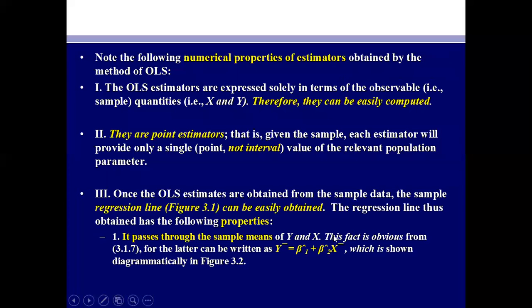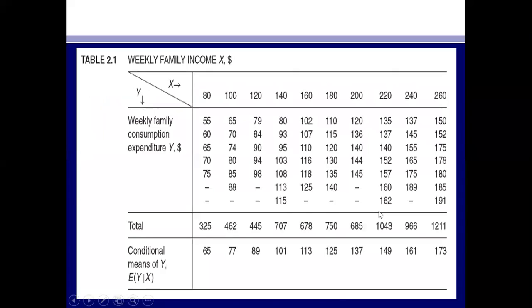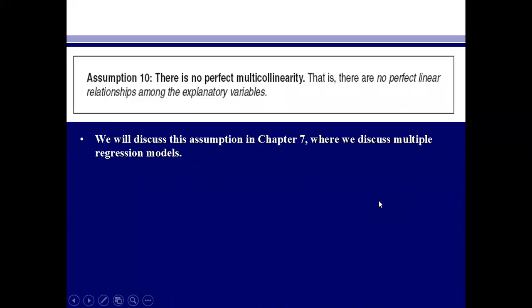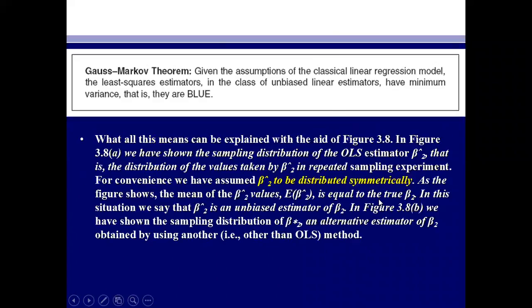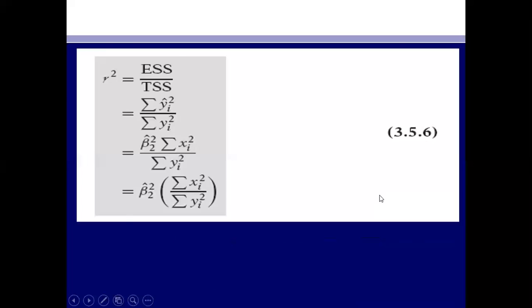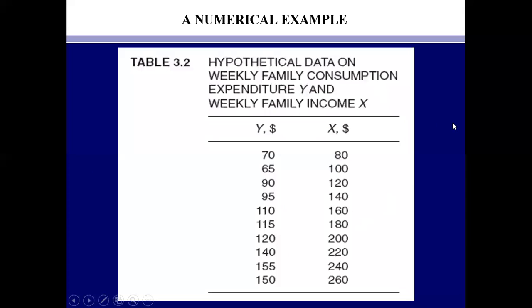Okay. Now, how they are actually obtained, let me move forward a little further to a numeric example and show you how these things are actually obtained. I hope that numeric example is here.